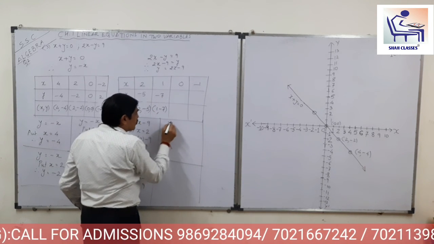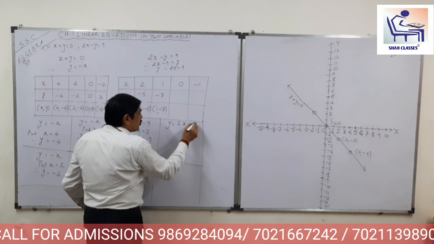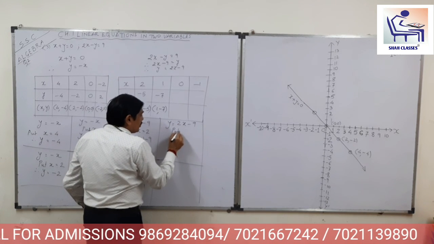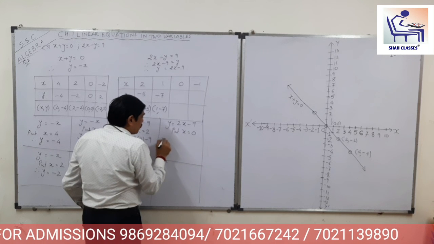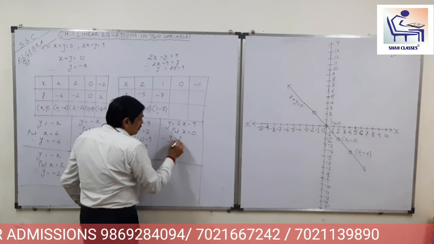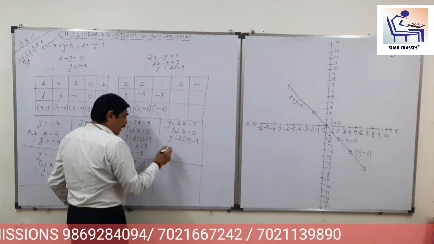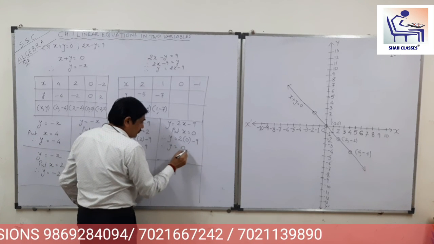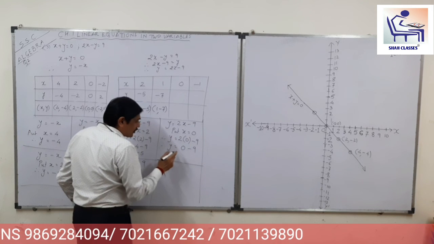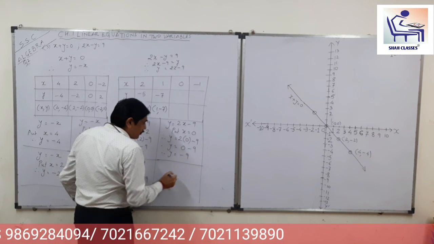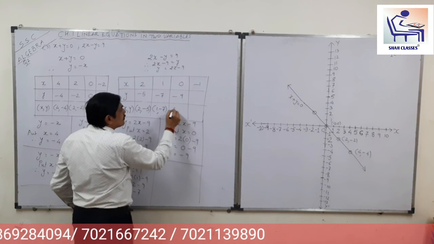Now for the third value, y is equal to 2x minus 9. Put x is equal to 0. Therefore, y is equal to 2 into 0 minus 9. So 2 into 0 is 0. y is equal to minus 9.